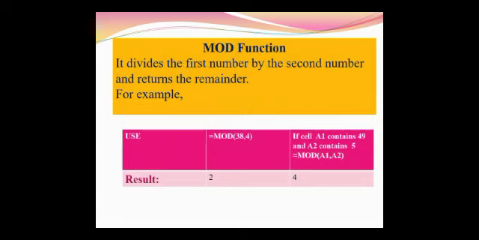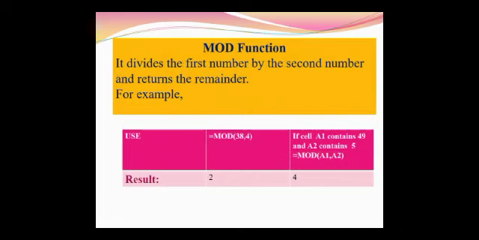Now children, the MOD function. It divides the first number by the second number and returns the remainder. So you have to give two arguments here in the bracket. First will be the number which is to be divided and the second is the number which divides that first number. =MOD(38,4) is written.